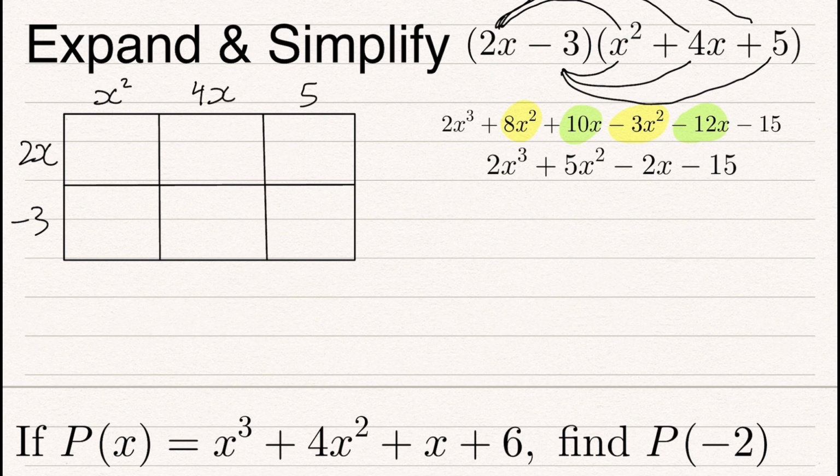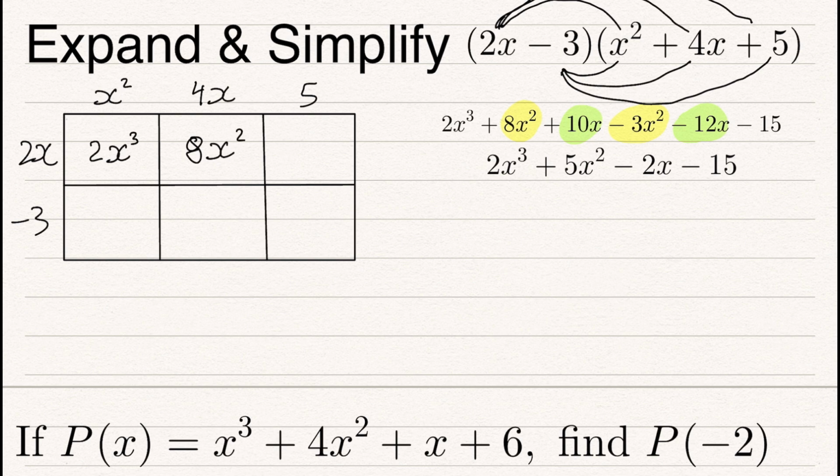This helps me to lay out my multiplication. Multiply in each box. So this box here represents x squared times 2x. The first box is going to be 2x times x squared, or 2x cubed. The second box will be 2x times 4x, or 8x squared.